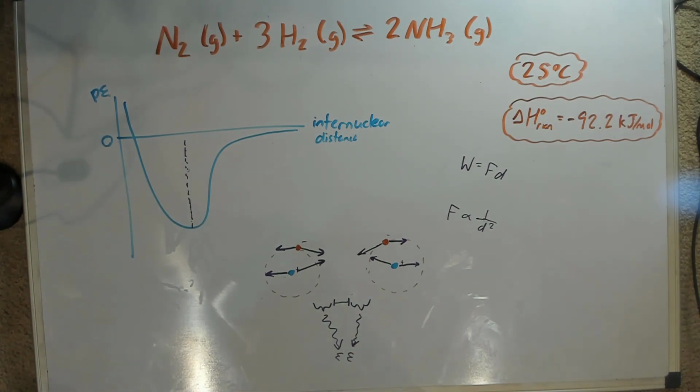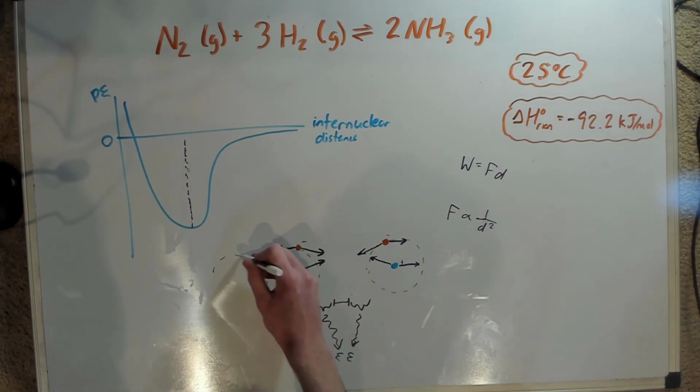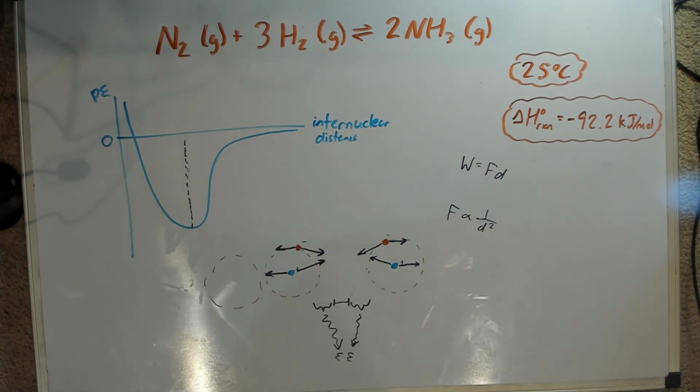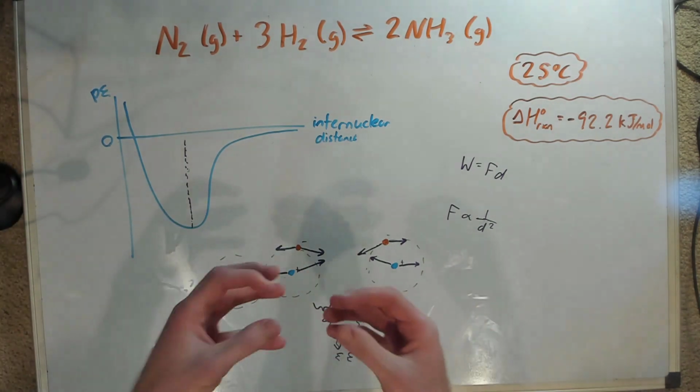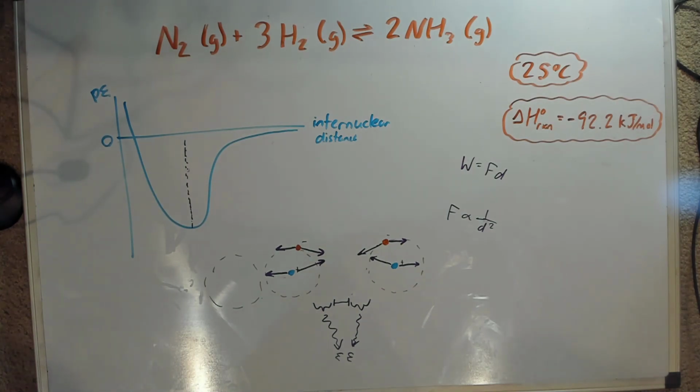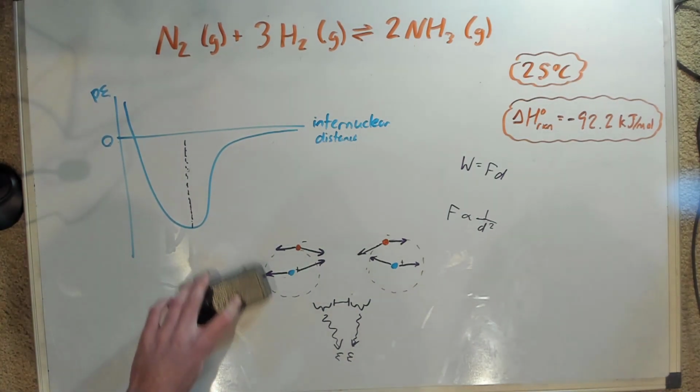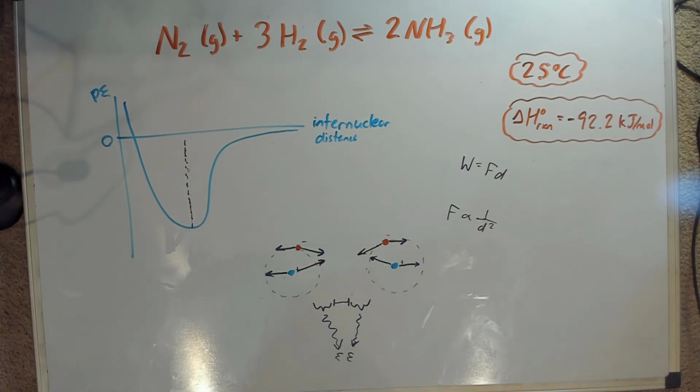And then for those bonds to break, you as the chemist have to put in energy. You have to pump it back in to separate them enough to where you can then say that they're separated enough so that they are then perceived to be closer to another atom, with which they can then repeat the cycle for. So in order to get them to that point, though, you have to pump a little bit of energy in.